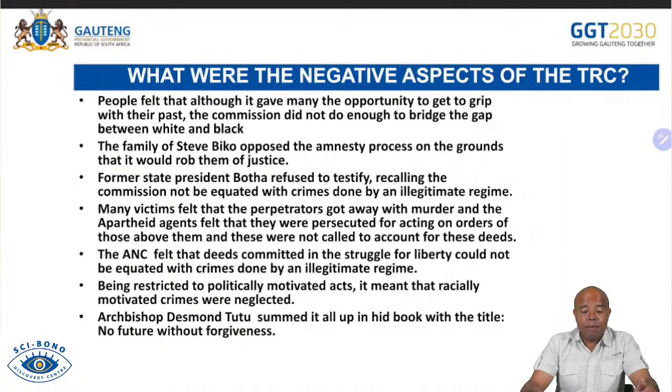Like, for example, the family of Steve Biko opposed the amnesty process on the grounds that it would rob them of justice. Steve Biko's family felt, listen, your justice was not served because why? Yes, they disclosed what transpired, but none of them wanted to take the blame, basically.